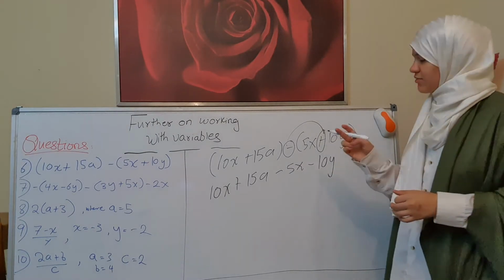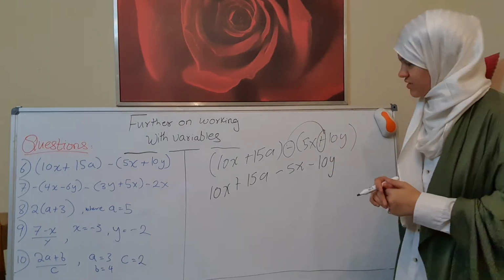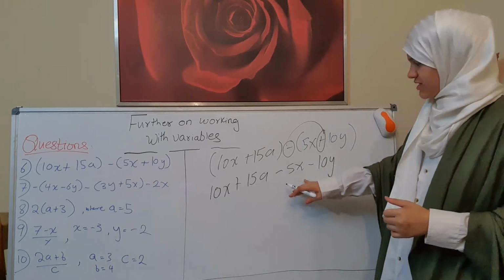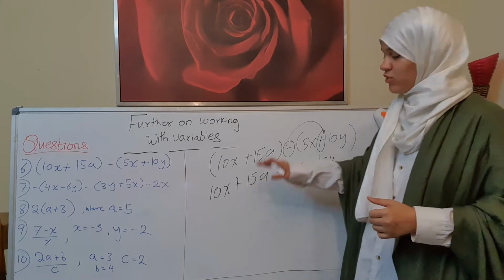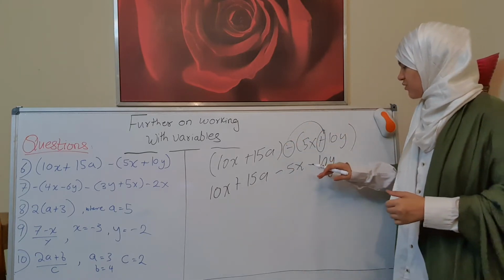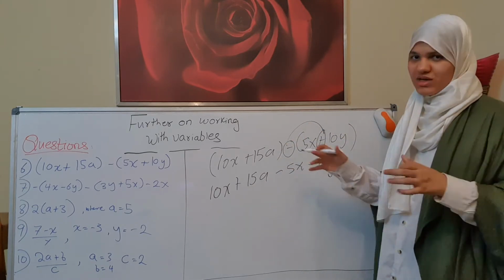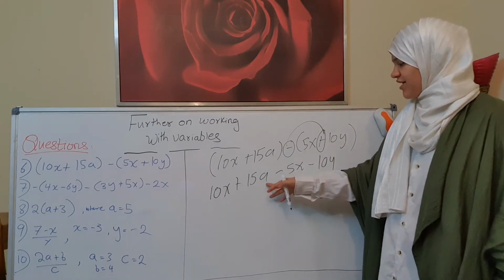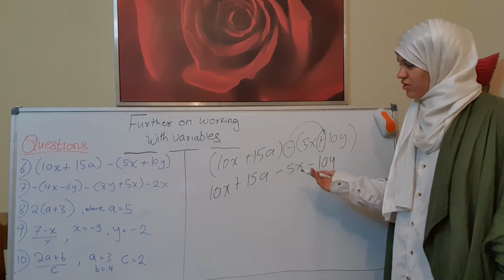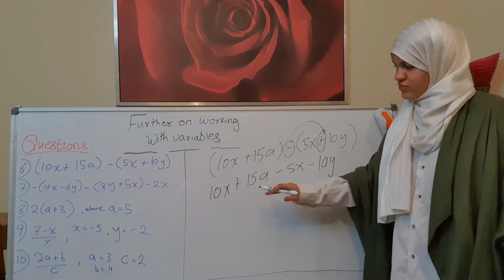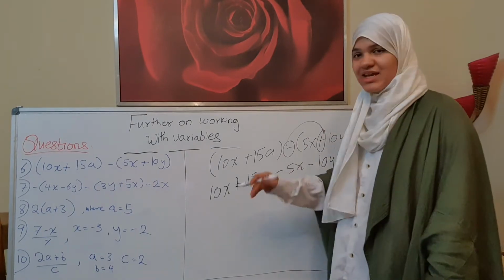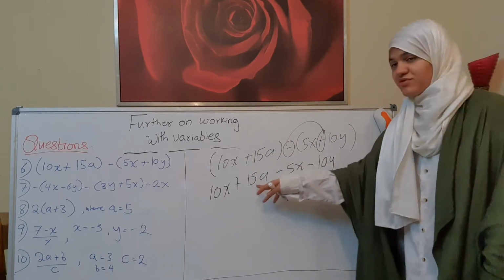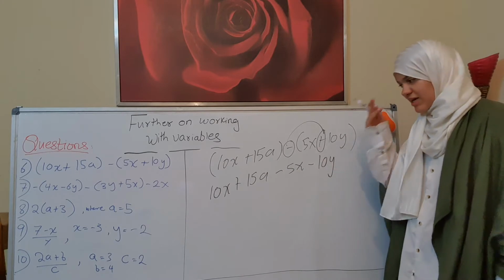Now the second step is to collect the like terms together, like 10x with negative 5x and positive 15a with negative 10y. We will not make them together, but they will be alone because we don't have another number or another like term like a. Okay, so that means only the like terms, it will be 1, which is 10x and negative 5x, but 15a and 10y are not like terms.